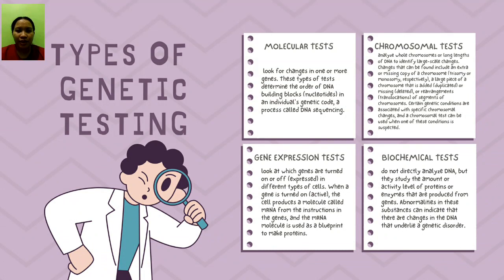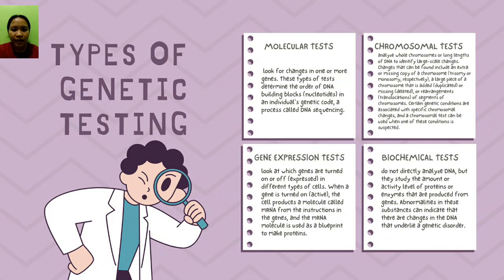Gene expression tests study the mRNA in cells to determine which genes are active. Overexpression or underexpression of certain genes can be suggestive of particular genetic disorders, such as many types of cancer.